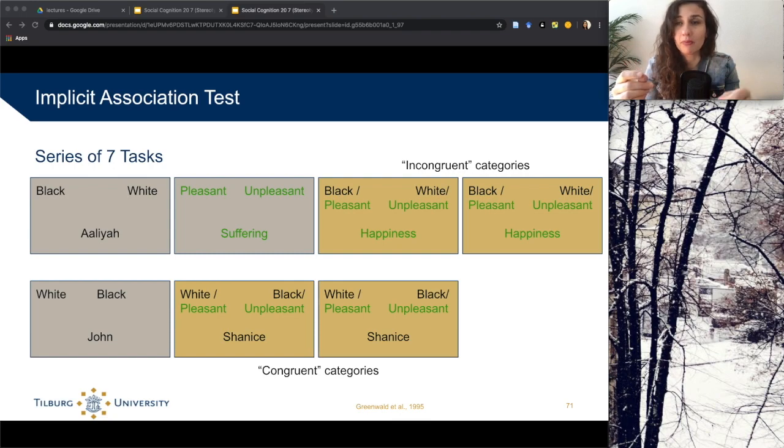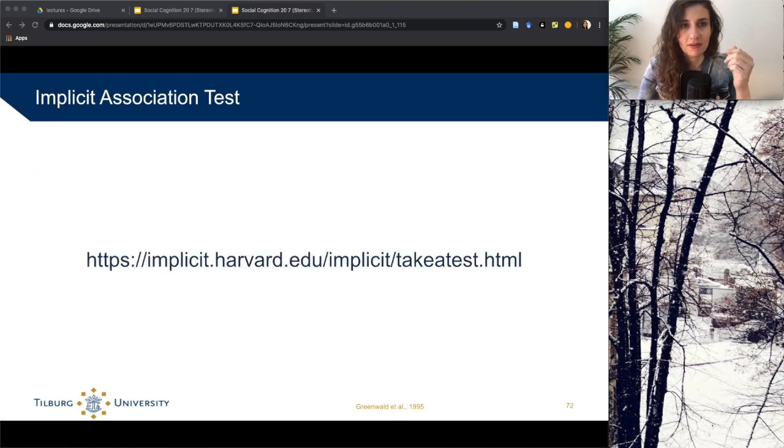That would be white pleasant. The idea here is that being white comes with a positive association. And black unpleasant, and the name should then be categorized in the black category, which also comes with unpleasant. So overall, we have our 7 blocks, or 7 tasks.